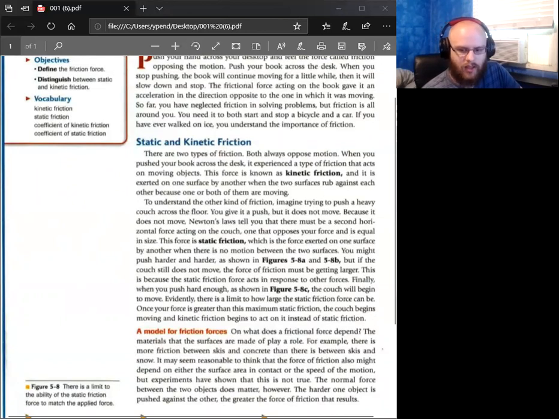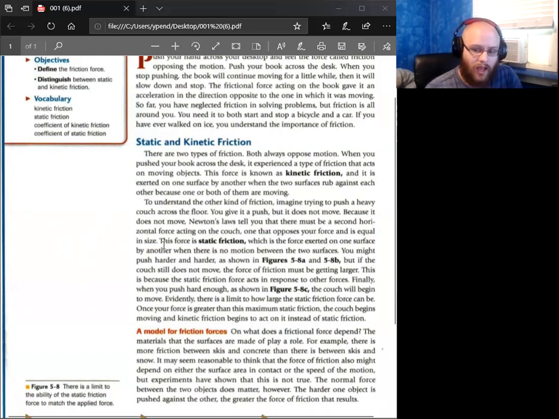To understand the other kind of friction, imagine trying to push a heavy couch across the floor. You give it a push, but it does not move. Because it does not move, Newton's laws tell you that there must be a second horizontal force acting on the couch, one that opposes your force and is equal in size.